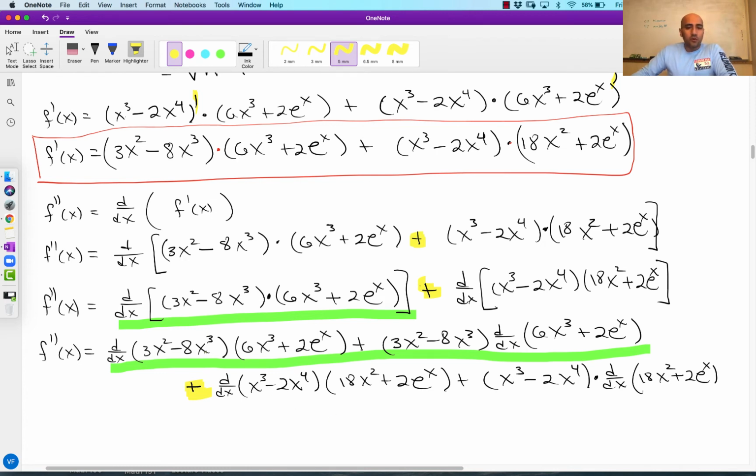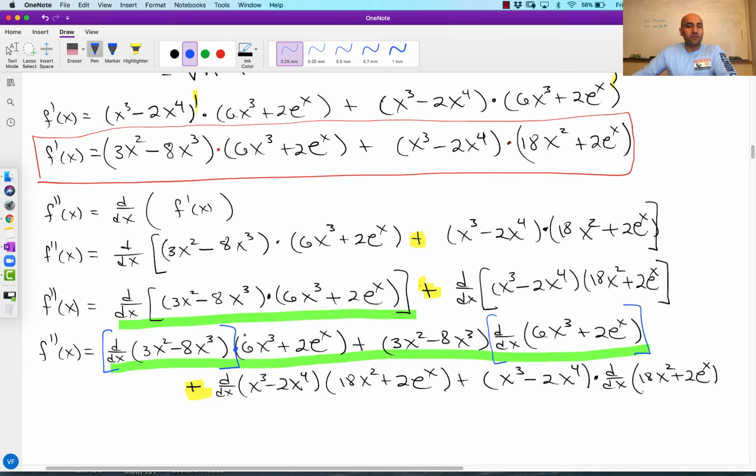Okay, so we take turns, right? So it's the derivative of the first function, leave the second function alone. So just to make sure it's clear, let's wrap it up in parentheses. So this derivative applies only to this one, and then we multiply it times this thing. And now we leave the first function alone, and we multiply it times the derivative of the second one.